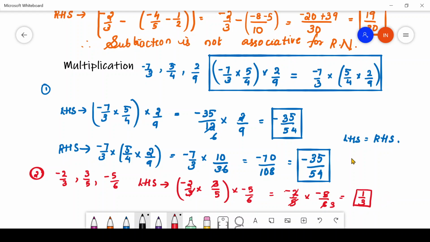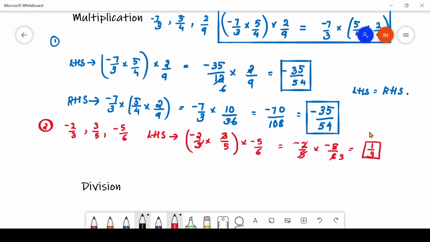So let us see for RHS as well. So how can we do the RHS? RHS you can do with negative 2 by 3 multiplied with 3 by 5 inside the bracket, multiplied with negative 5 by 6. So what will be the answer after doing inside the bracket? You can see these two can be cancelled. So negative 2 by 3 multiplied with 3 by 5 gives negative 2 by 5.